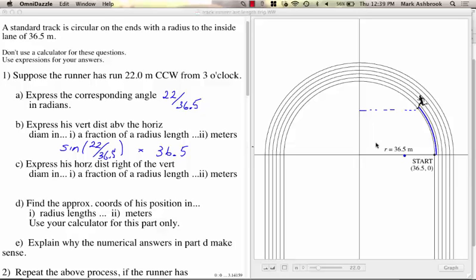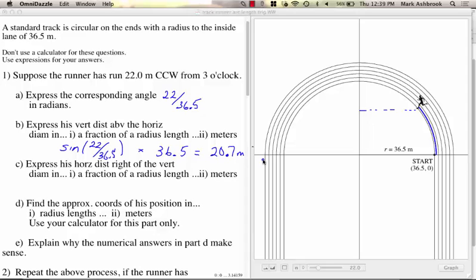Something a little more than half, right? About 18 meters is half. Maybe this is 20, 22 meters or something like that. A little more than halfway. Did anybody do that? So in meters, what's 36.5 times sine? 20.7? Yeah, a little bit more than halfway. That's what we said. A little bit more than halfway up.